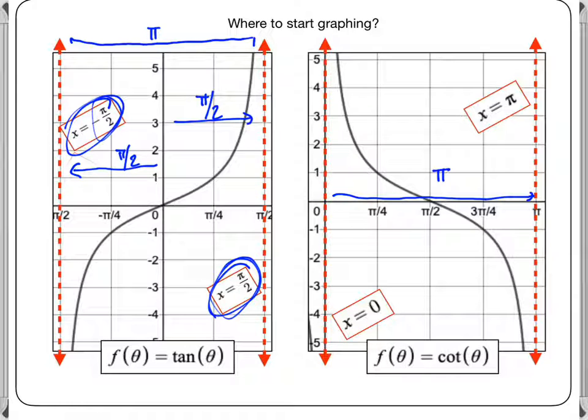In the standard position, it's going to be pi, and that might change based on what we do in the next examples. That's different than tangent, where we had to split it over in each direction from the y-axis. All right, so that's what we're up against, and so let's move on to our first graphing example of cotangent.